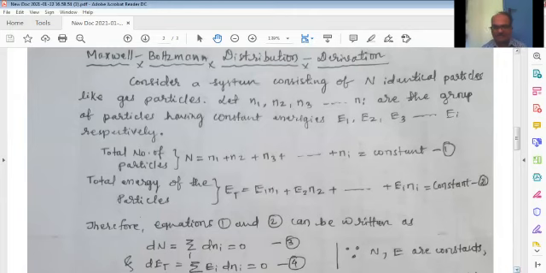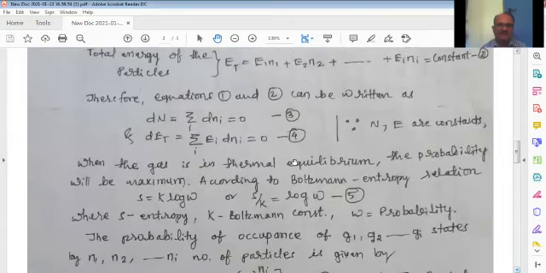And next, therefore, equations 1 and 2 can be written in short form and then differentiated. Equation 1 can be written as N is equal to summation over i of ni.